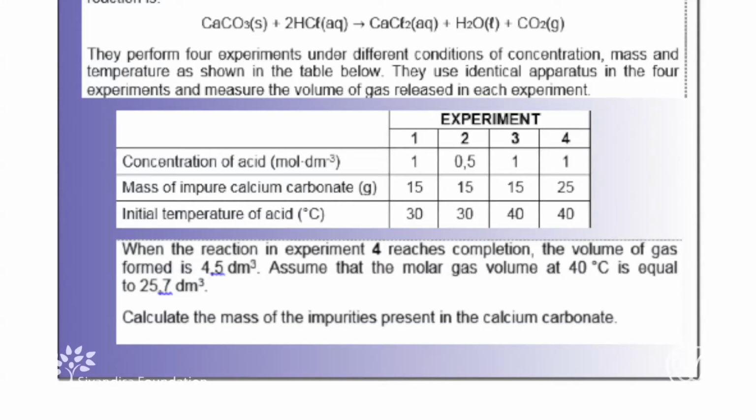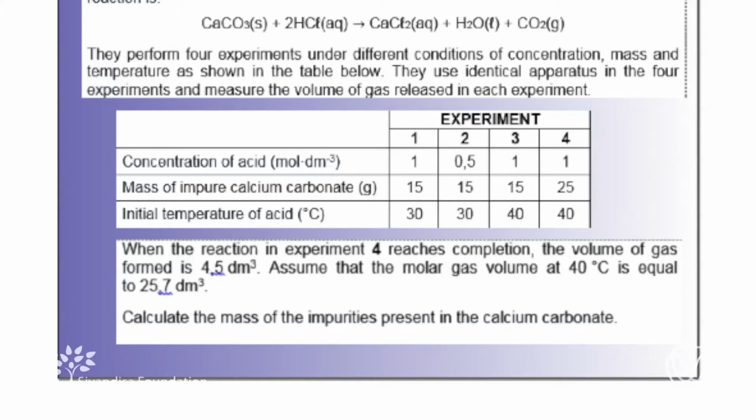When the reaction in experiment 4 reaches completion, so we are focusing on this set of results here, the volume of gas formed is 4,5 cubic decimeter. Assume that the molar gas volume at 40 degrees is equal to 25,7 cubic decimeter.